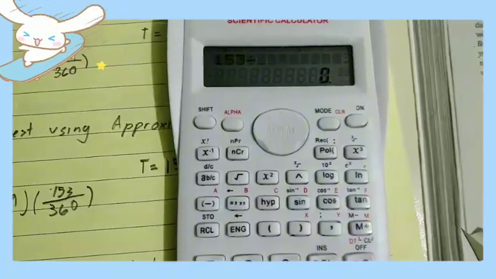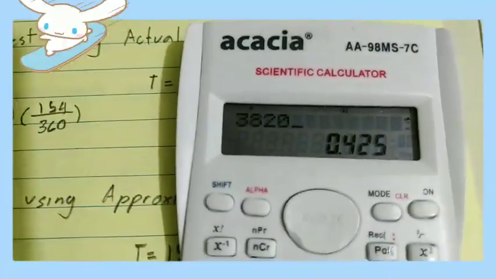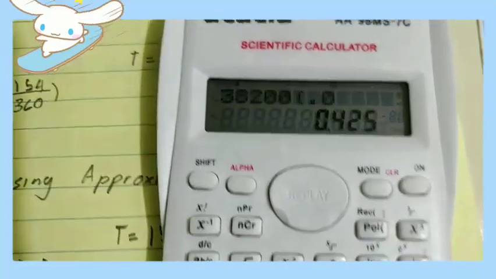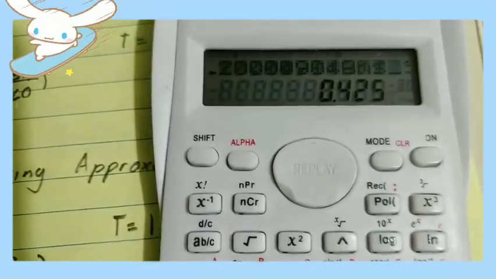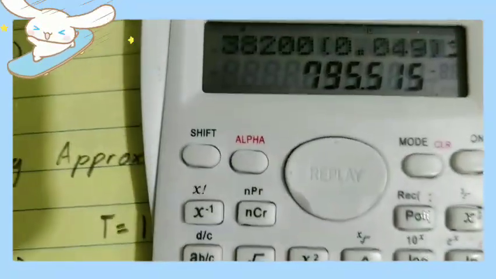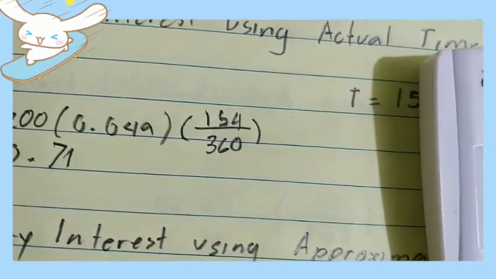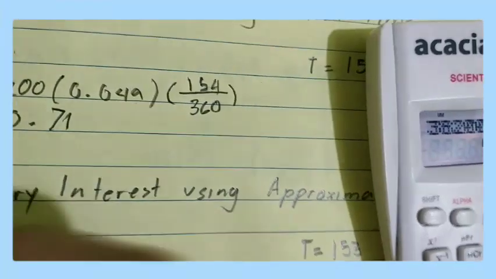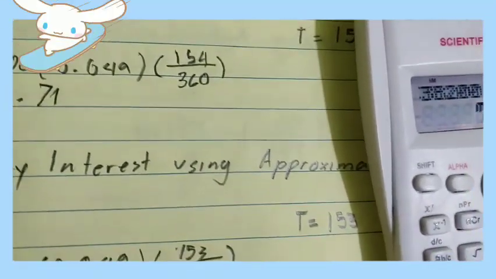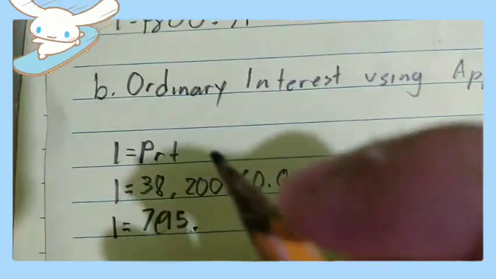Do it all over again. 153 divided by 360 equals to, and quickly press 38,200 times 0.049, close parenthesis, open parenthesis, answer, it equals to 795.5.